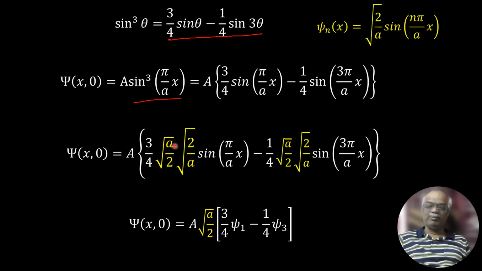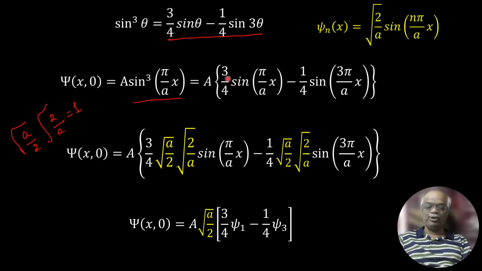So I am going to multiply both sine terms by square root of a/2 into square root of 2/a. If you multiply both, you will get 1, so it will not change your expansion. This expansion will not get affected.